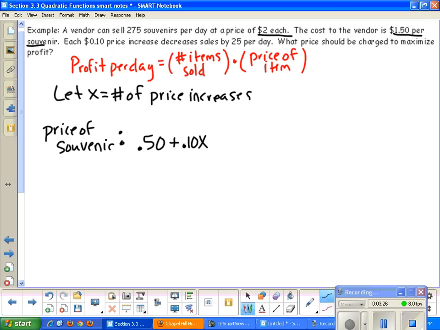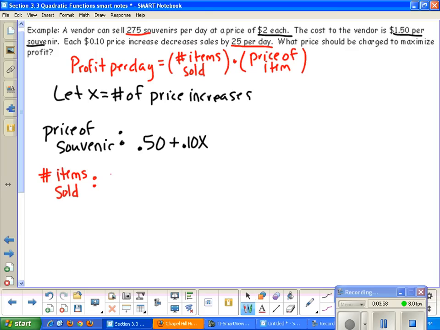Then you need to come up with an equation to figure out the number of items that are being sold. It says a vendor can sell 275 souvenirs per day, and in the last sentence it says each 10-cent price increase decreases the sales by 25 per day.